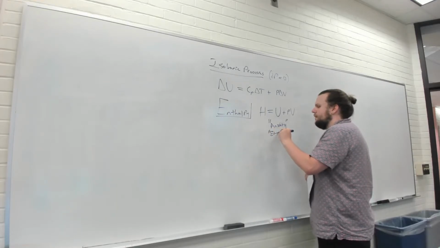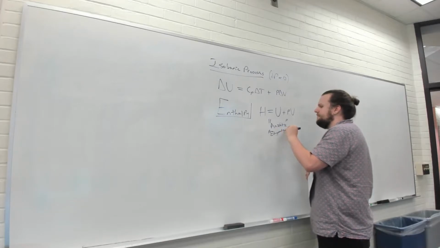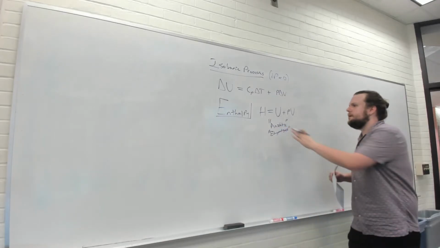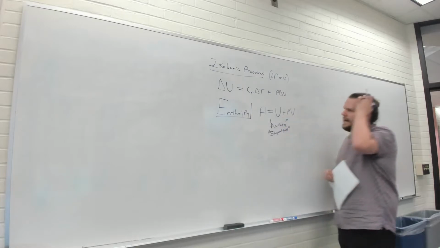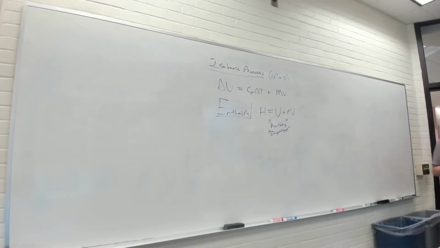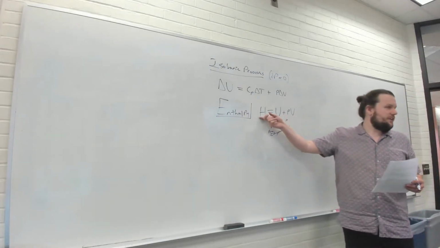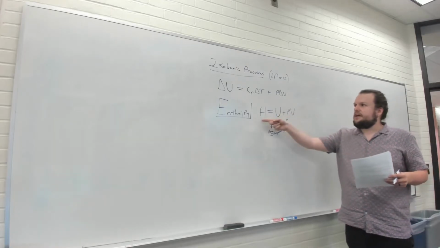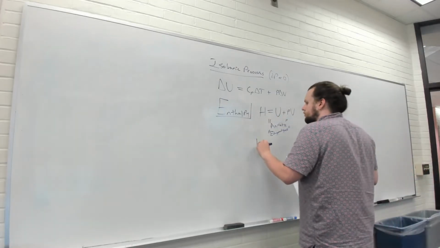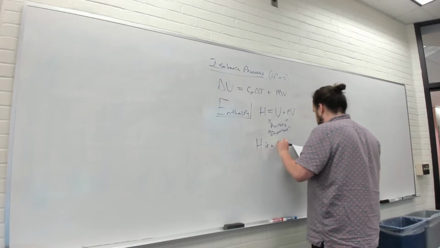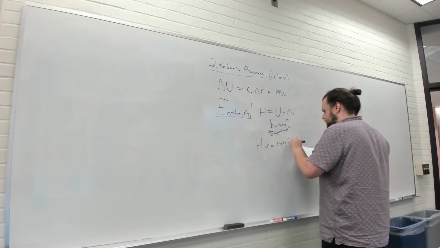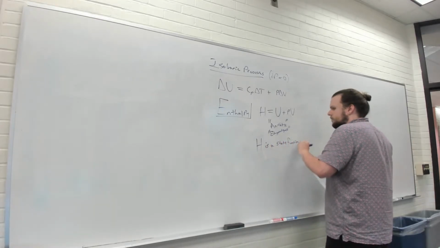Where we say, okay, well, let's try this. Let's add some things together and see what happens. So we come up with an ansatz, which is to add PV, which is the energy required to maintain the pressure and volume of the system, plus the total energy. Right? We get this function H. And it turns out that H, as we'll find out, is a state function. So it's path independent.